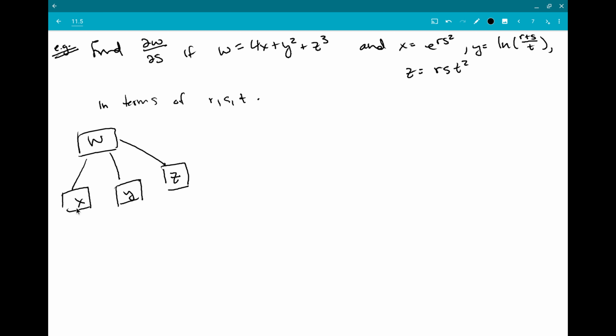And then for each x, y, and z, I have to write the relationship for the variables it depends on, which x depends on r and s. Y depends on r, s, and t.